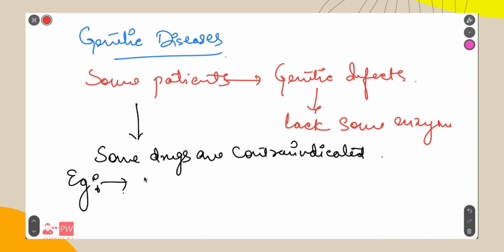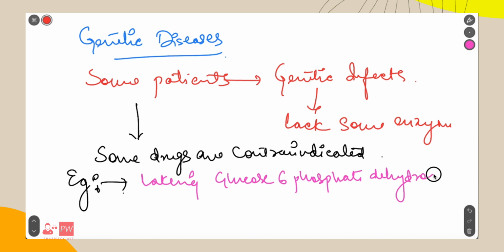For example, the patient lacking glucose 6 phosphate dehydrogenase enzyme. If the patient is lacking it, they are having a genetic disease. Because of that, they will lack this enzyme.